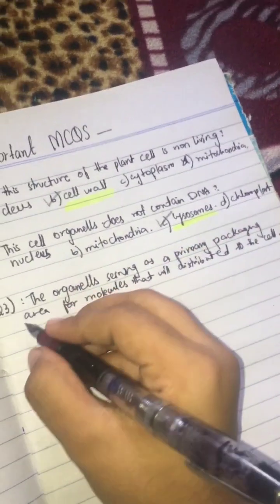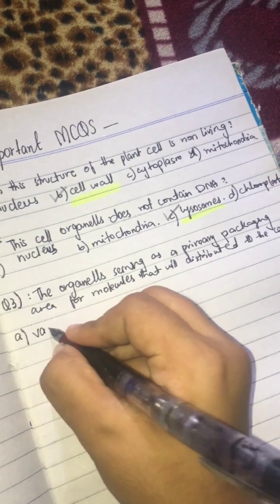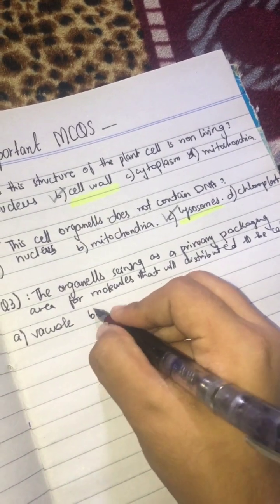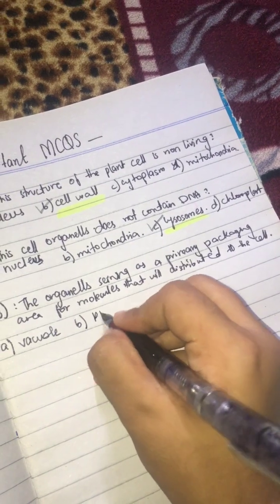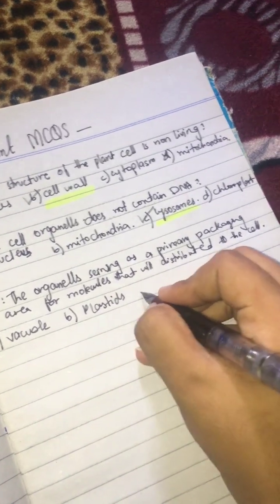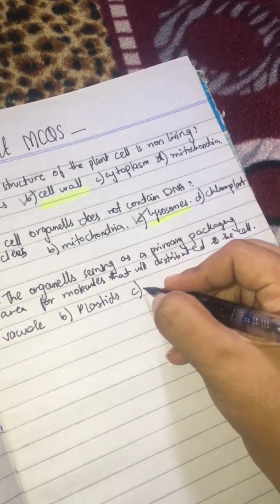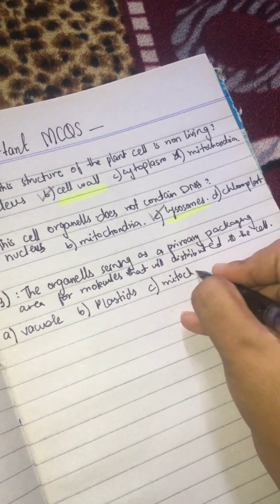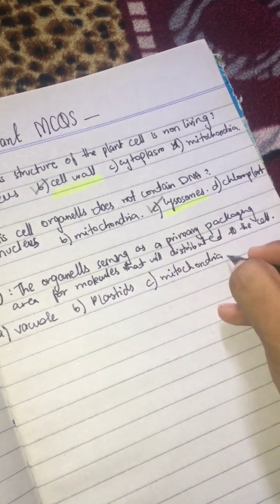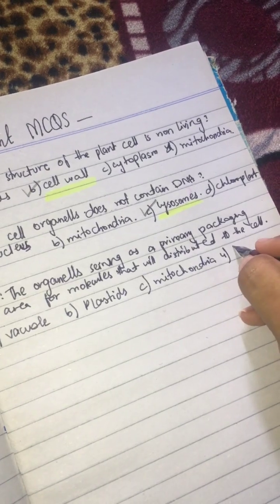The options we have: first is vacuole, second is plastid, third one is mitochondria, and fourth one is Golgi bodies.